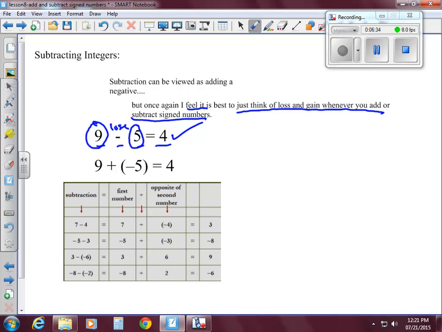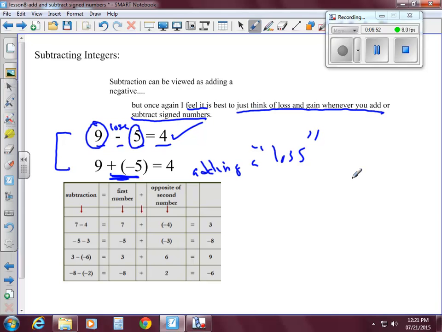And just know that 9 minus 5 is the same thing as 9 plus negative 5. Again, adding a loss of 5 is the same thing as subtracting 5. So just bear in mind that subtraction and adding a negative are the same.